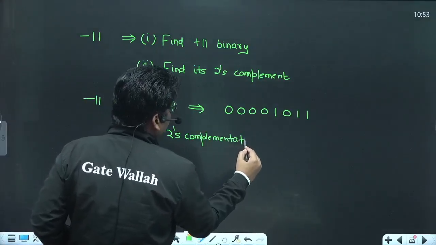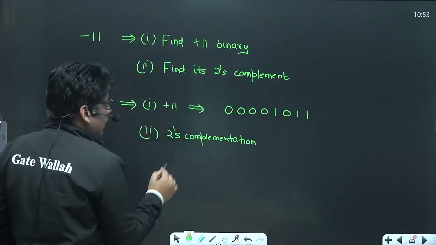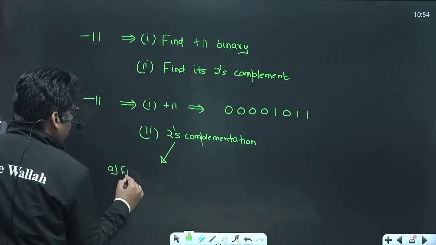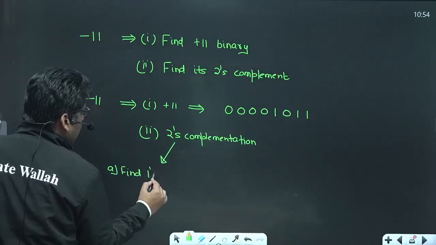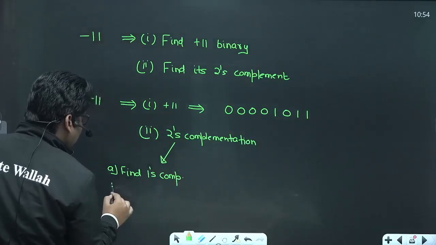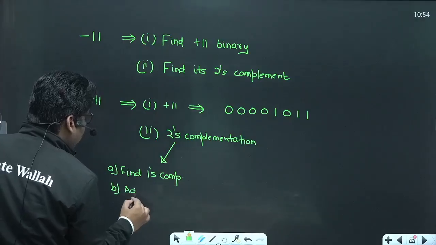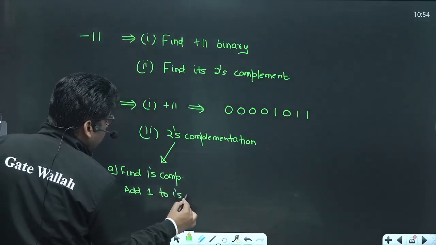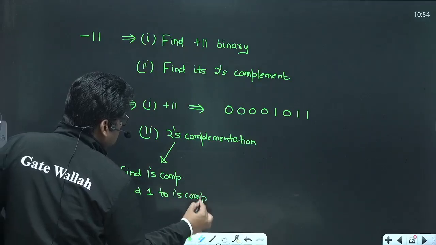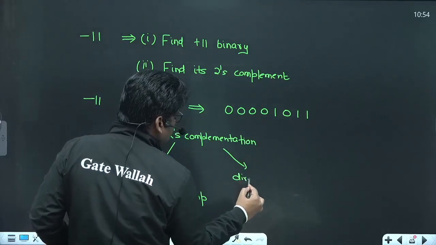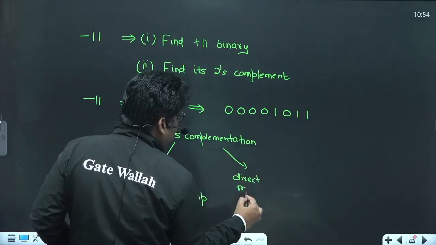See, there are two methods to calculate the twos complementation. The first method says find the ones complement, and then add 1 to the ones complement. And there is a direct method to find the twos complement.